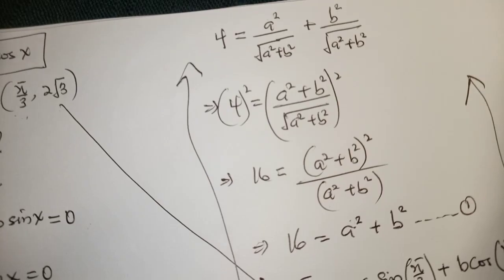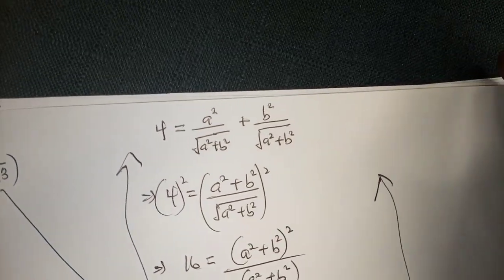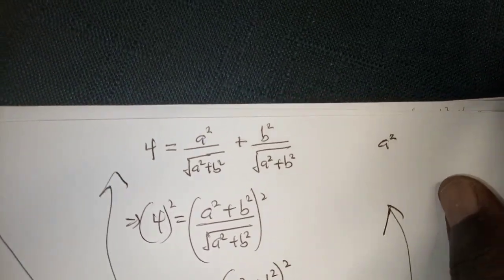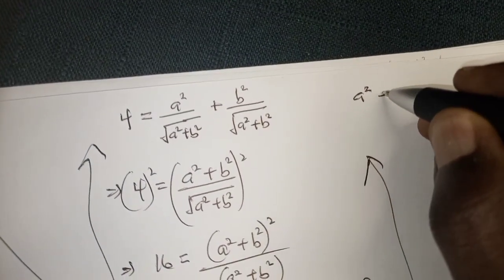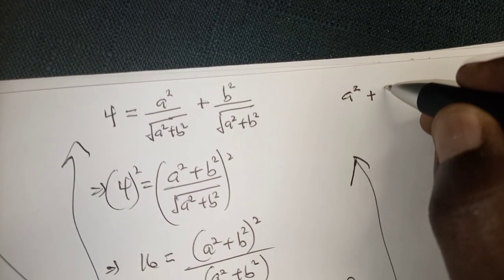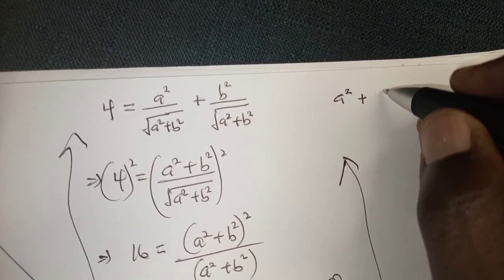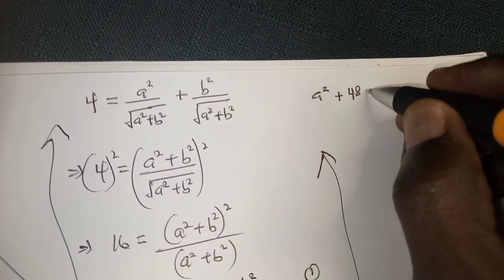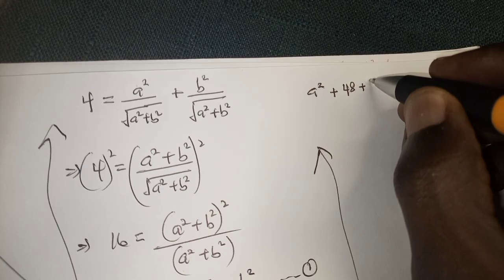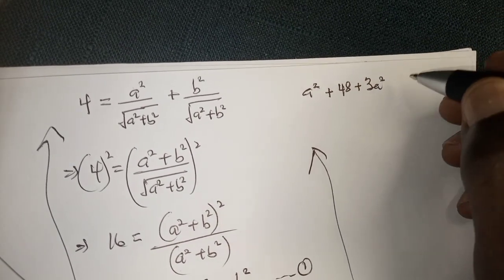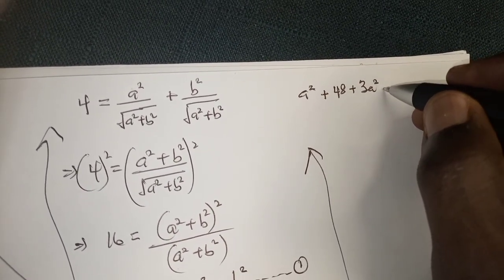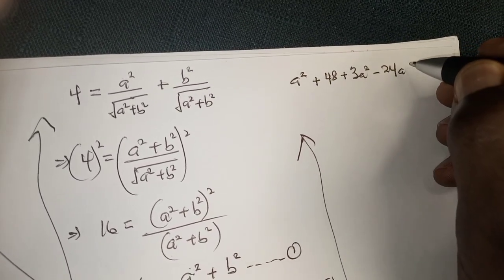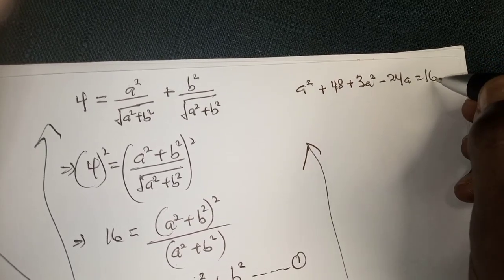So we continue: a square plus 16 times 3, which will be 48, plus 3a square, and negative 8 times 3, that will be negative 24a, equals 16.